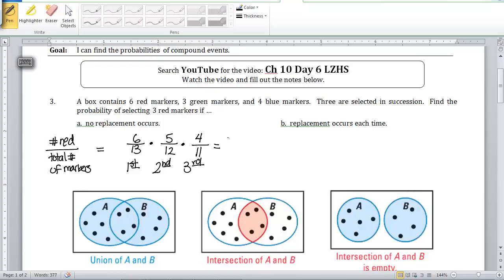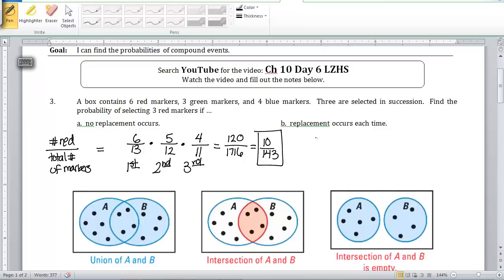Multiplying straight across, 6 times 5 times 4 is 120, and 13 times 12 times 11 is 1,716. If I can simplify this answer, I would want to. And this is going to simplify to 10 over 143. That is the probability that I would select 3 red markers if we didn't replace.